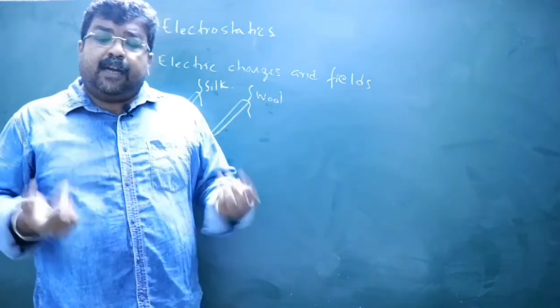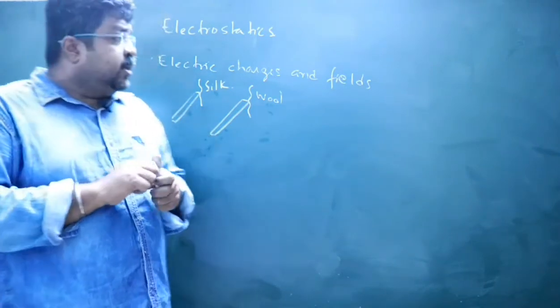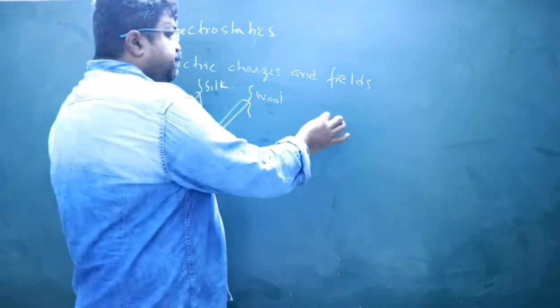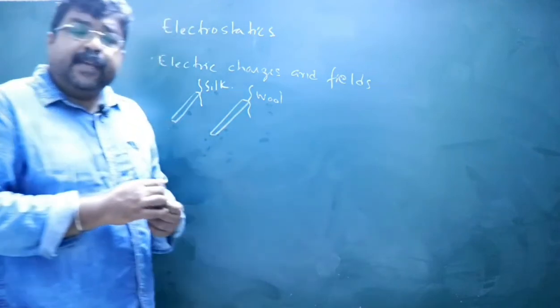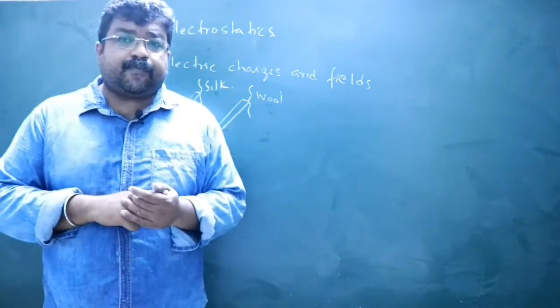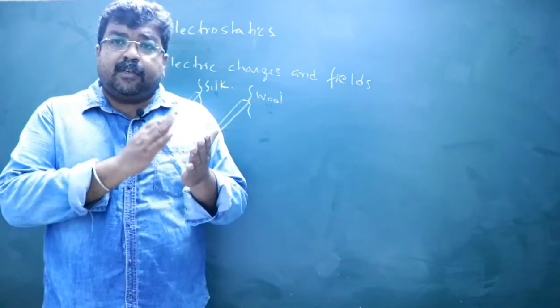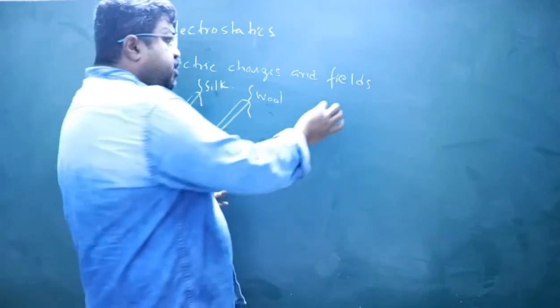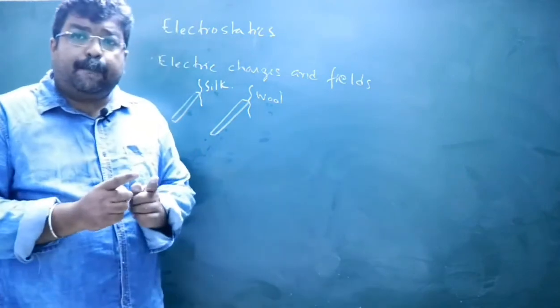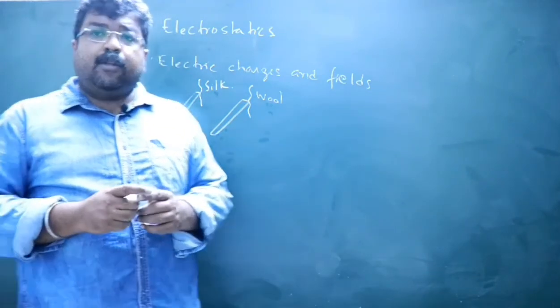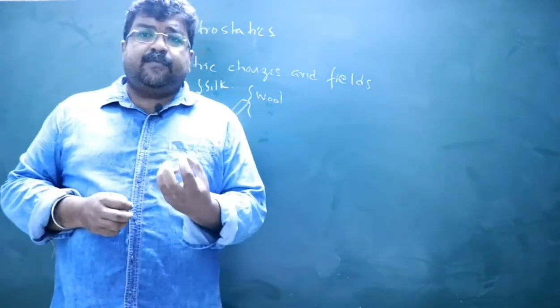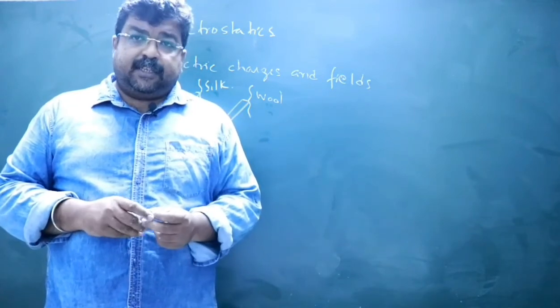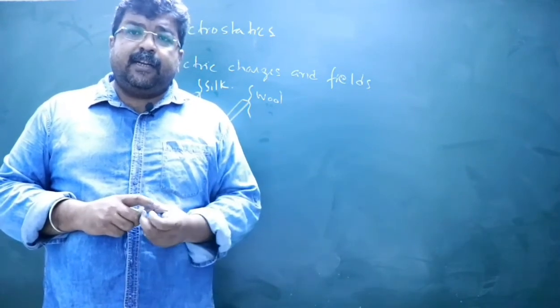Another observation was this: suppose you have a plastic rod, and the plastic rod is rubbed with fur and brought in contact with two pith balls. Pith balls are materials which easily acquire charges.